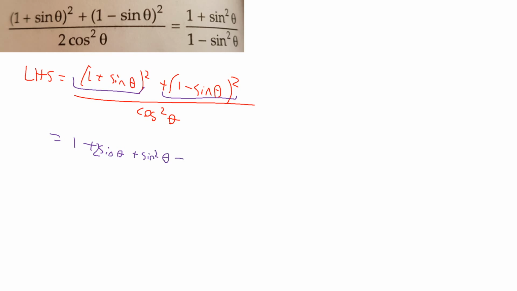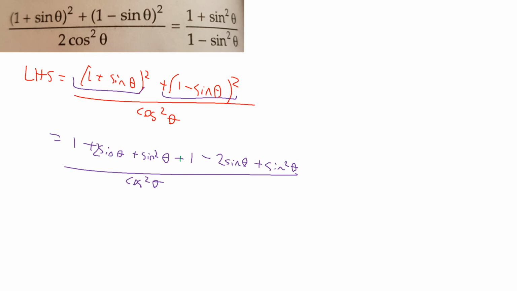And then this is going to be 1 plus, minus, excuse me, 2 sine theta plus sine squared theta. And it's all over 2 cos squared theta, okay? As you can see, we got a minus here and a plus here. Wait a second, this is meant to be plus, this is meant to be minus.